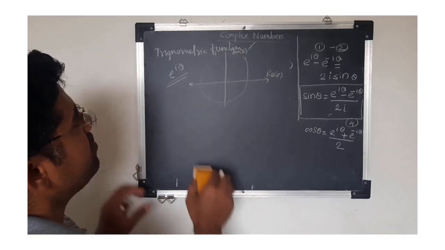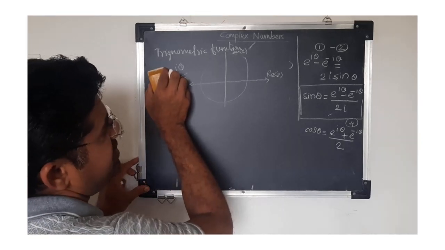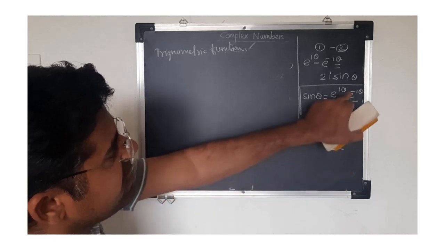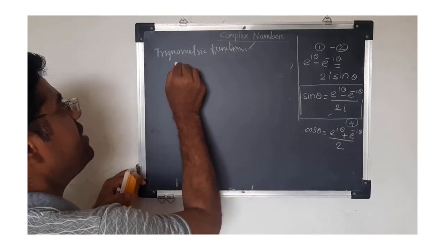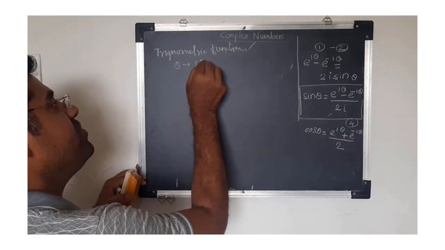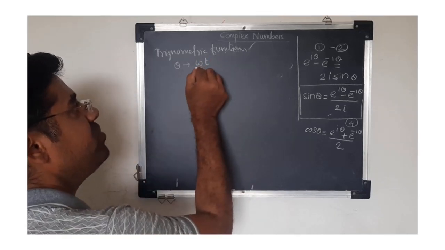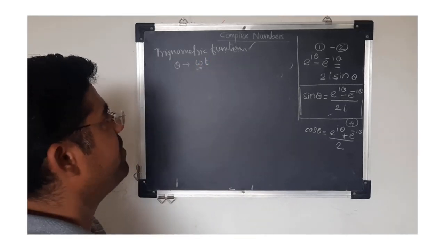Suppose any wave oscillates in this particular case. We will take a simple example. Suppose this theta is replaced with omega t, where omega is my frequency.